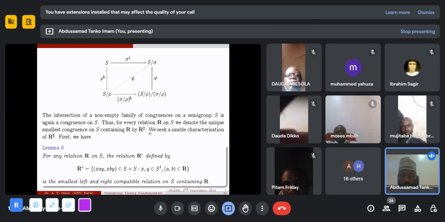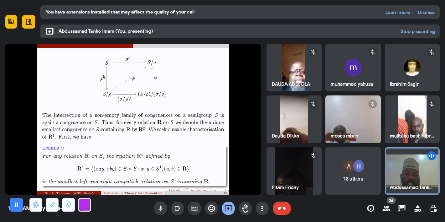So this is to look at the smallest congruence generated by a given binary relation, because not every binary relation in a semigroup is a congruence. And from what we are seeing from the discussion, it is the congruences that are of interest, because those are the ones used to construct a new semigroup out of a given semigroup.